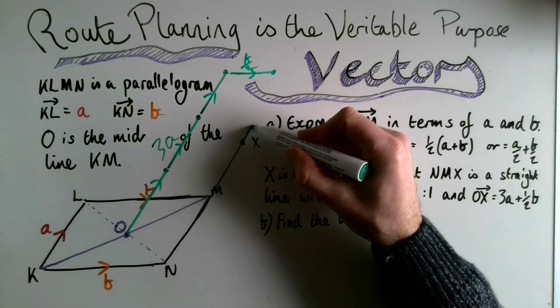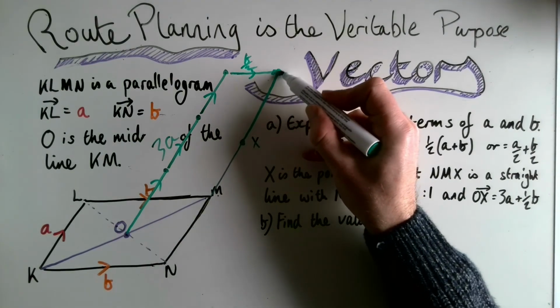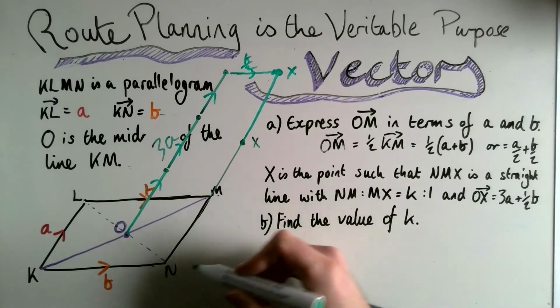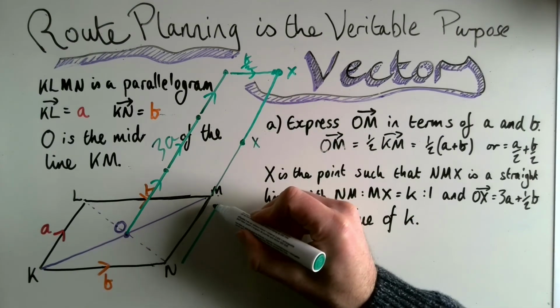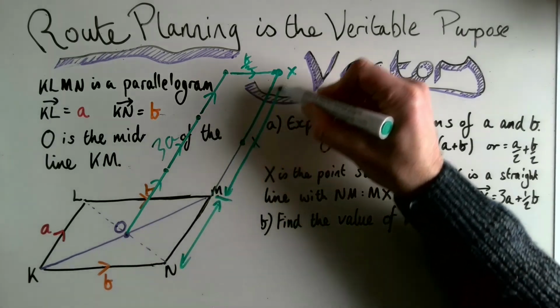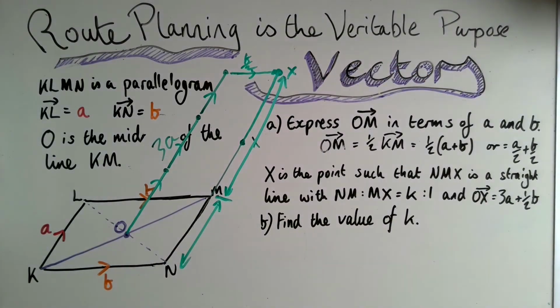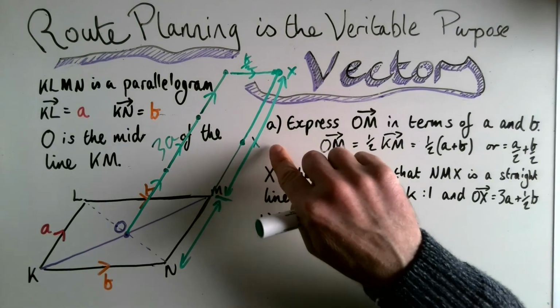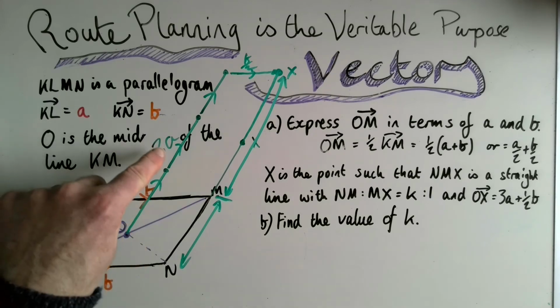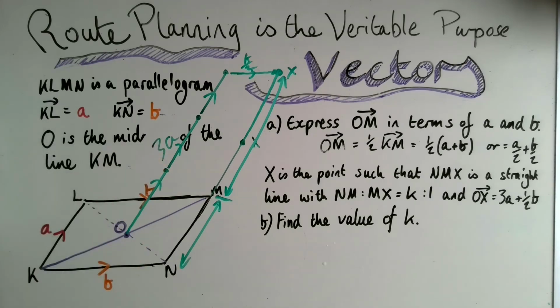Little arrows in it. So if I continue this along, that is where X is. And what we want to know is the ratio of this distance here compared to this distance up here. We're calling this 1. Well, don't worry about calling it 1 yet. Let's just find out what it is in terms of what we know, which is A.